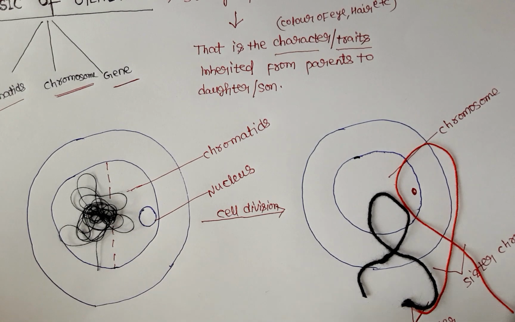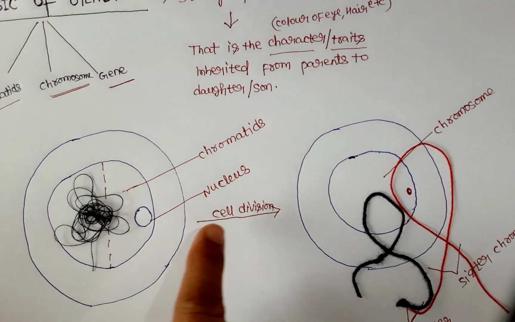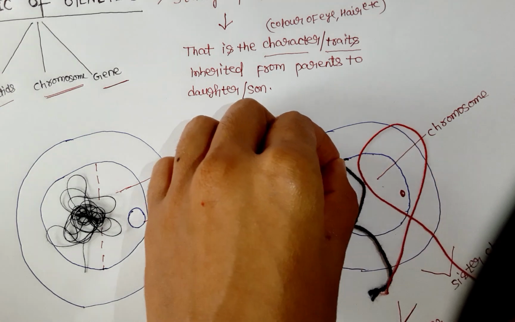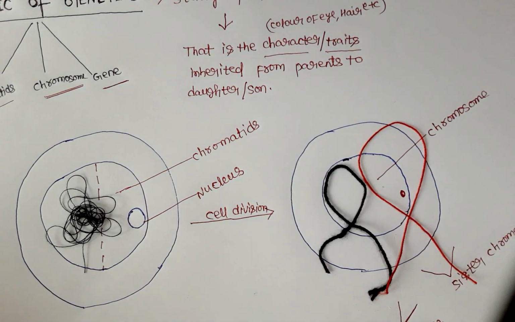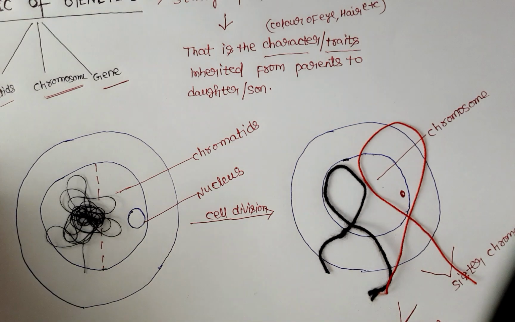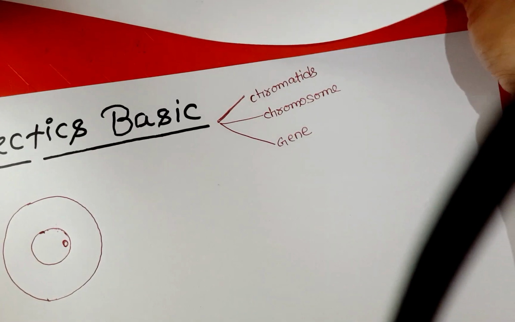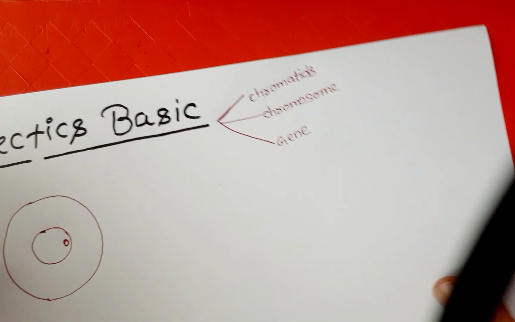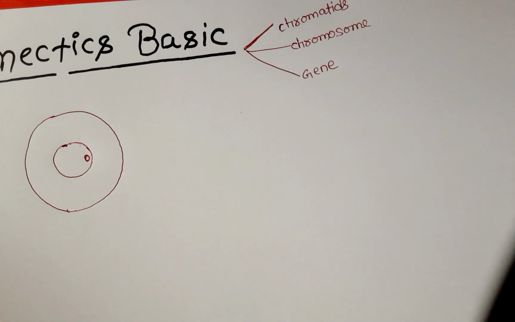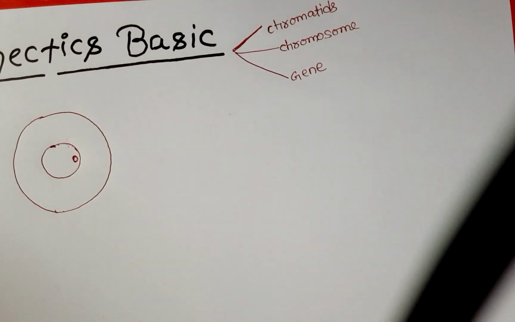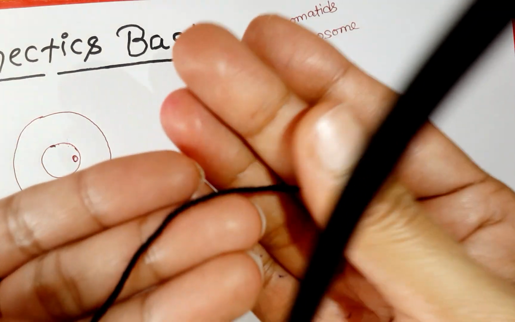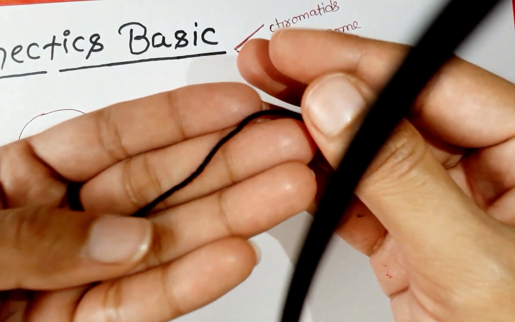Have you seen how the chromatid material after cell division makes this type of chromosome? After condensation of chromatids, it makes a chromosome. So what about the gene? Let's understand it also. For this we have to take another page. Is this visible?